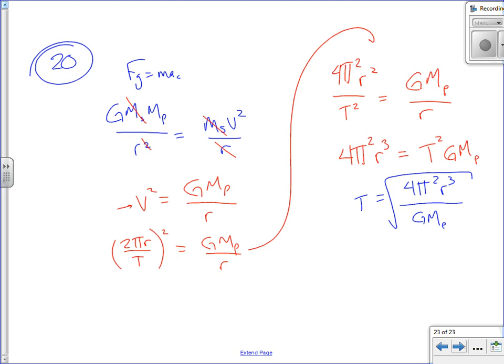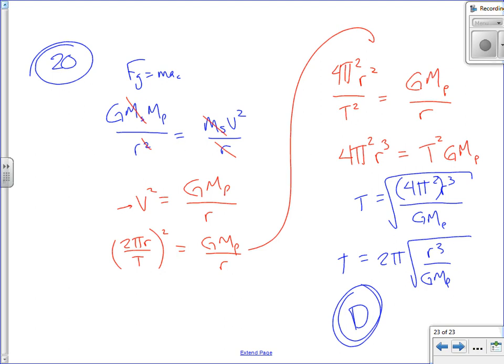Oh, good. We can take this out of there, right? 2 pi times the square root of r cubed over G Mp. Yeah, that's D. Good. Good? Good.